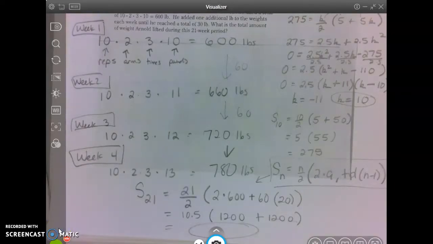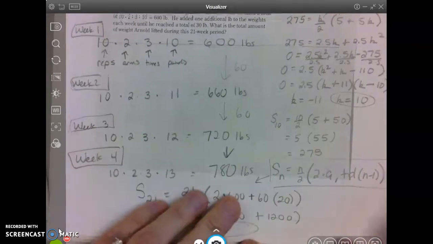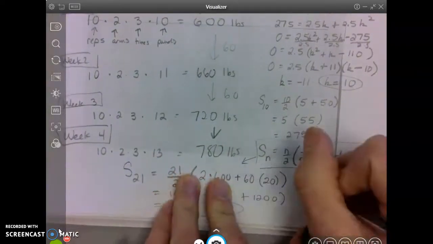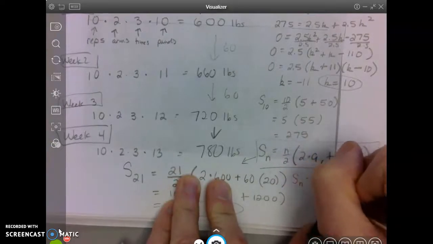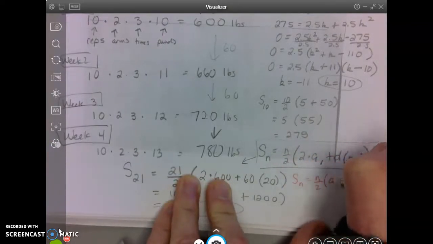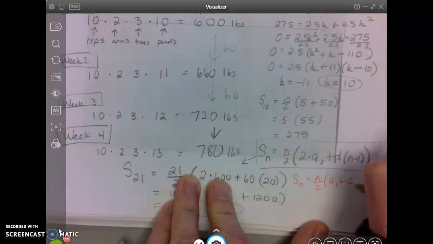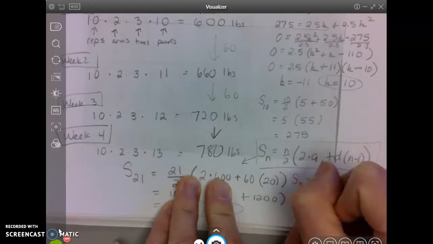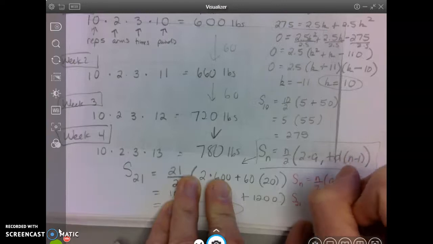Now, I would like to note that if I had wanted to, I could have used the other formula, because as I keep reading the problem, I notice that it says that he kept doing this until he reached a total of 30 pounds, which means if I had wanted to use the original formula, S sub n equals n divided by 2, first term plus the last term, S sub 21 is 21 divided by 2.